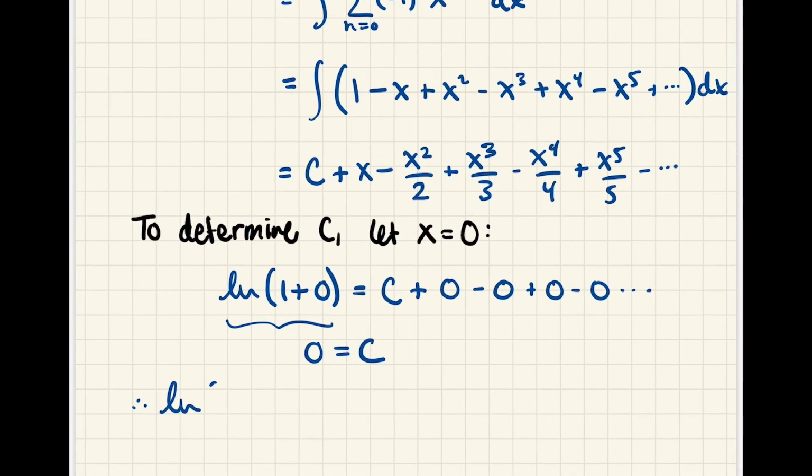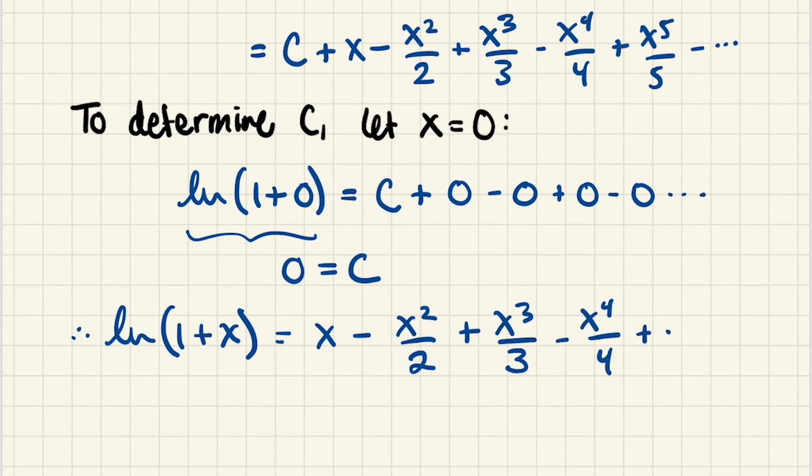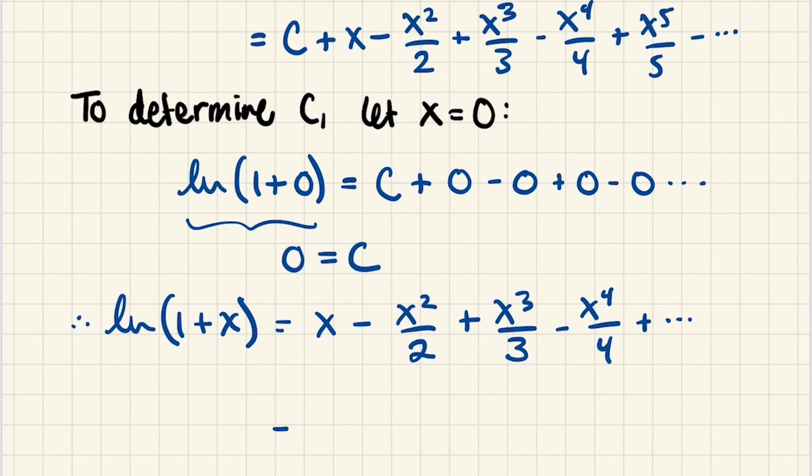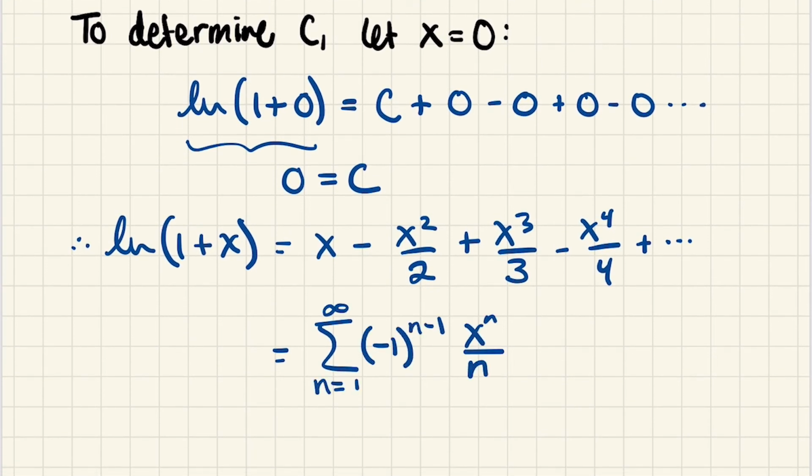So our conclusion is that ln of 1 plus x is equal to the following power series: x minus x squared over 2 plus x cubed over 3 minus x to the 4 over 4 plus dot dot dot. And in sigma notation, it's typically written like this.